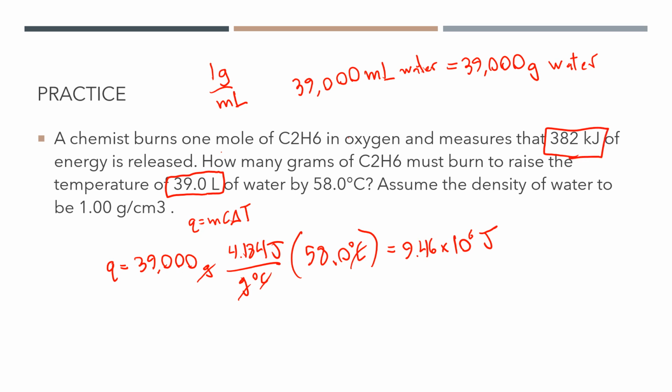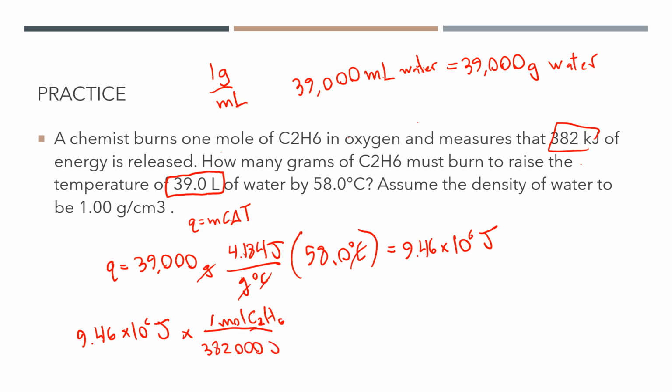So let's determine how many moles, or actually grams is what it's asking for, how much we'd have to burn in order to get this amount of energy. So let's start with that energy. We got 9.46 times 10 to the 6 joules. Let's do our conversion. For every mole of C2H6 burned, it's going to release, that needs to be in joules, so let's convert that real quick, 1,560,000 joules.